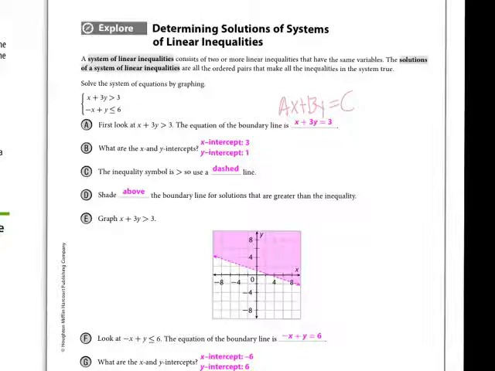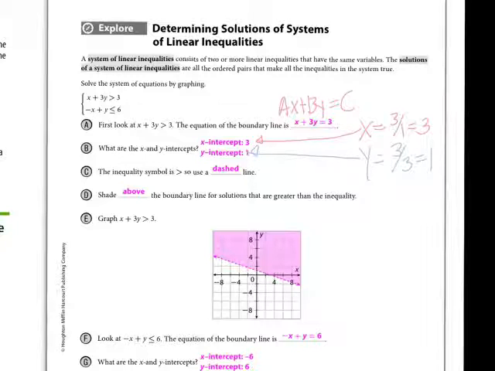So your x-intercept is going to equal 3 divided by 1, which equals 3. This is your x-intercept, so that's this one here. For the y-intercept, you're going to take a look at the 3 divided by 3. So 3 divided by 3 gives you 1. So that is where they got the 1 from.